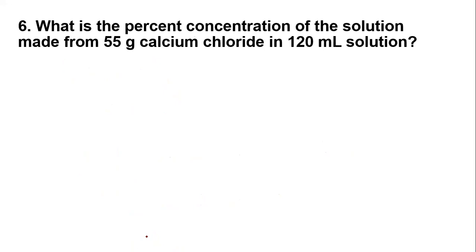So again, this one is a percent concentration. Number 6: what is the percent concentration of the solution made from 55 grams calcium chloride in 120 mL solution? So it's just asking for the percent concentration. If it is only asking for the percent concentration, you first need to determine what kind of percent concentration is being asked in this problem. If you look, you have a solute expressed in terms of weight, grams.